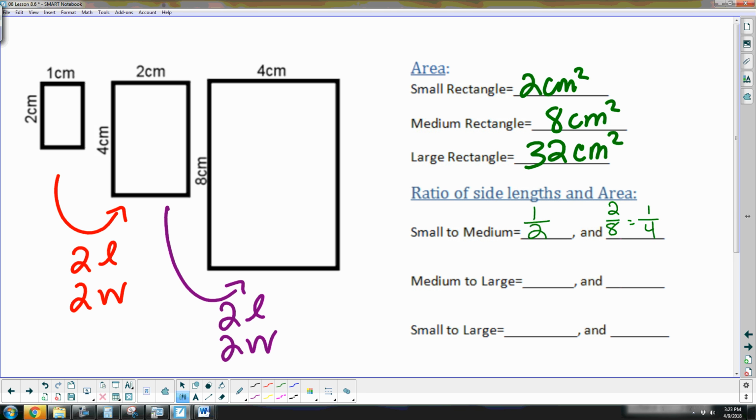Now from the medium to large rectangle, again, we multiplied each side by 2. So the side lengths from medium to large are 1 to 2, and the area is 8 to 32.